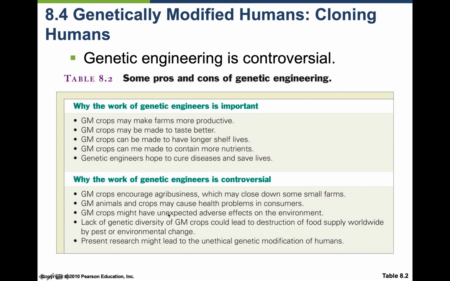Animals and crops from genetic modification may cause health problems in consumers. Unexpected adverse effects on the environment. So there could be a lack of genetic diversity in genetically modified crops as well, which could lead to the destruction of food supply. And then this present research might lead to unethical genetic modifications of humans, right?